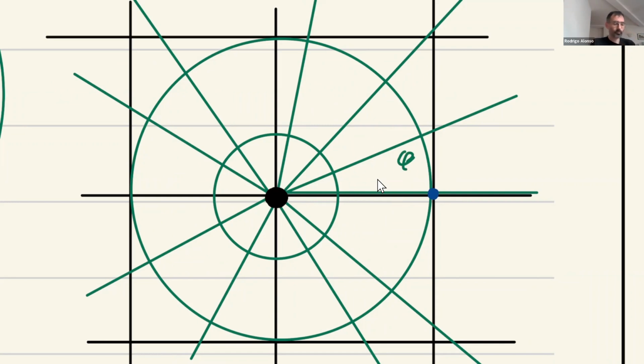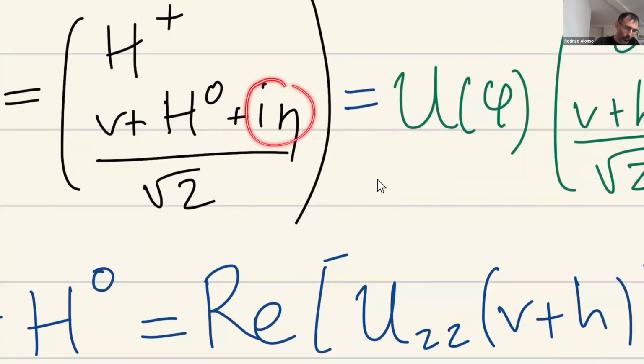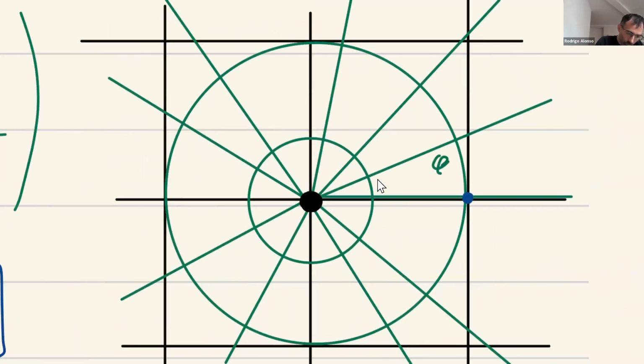Our eta coordinate, this imaginary term that we have in here, will be something like the y coordinate. So we're pointing in here, is this direction here. While the radial coordinate will be this little h in here that happens to be pointing in this spot, in the same direction as h0.